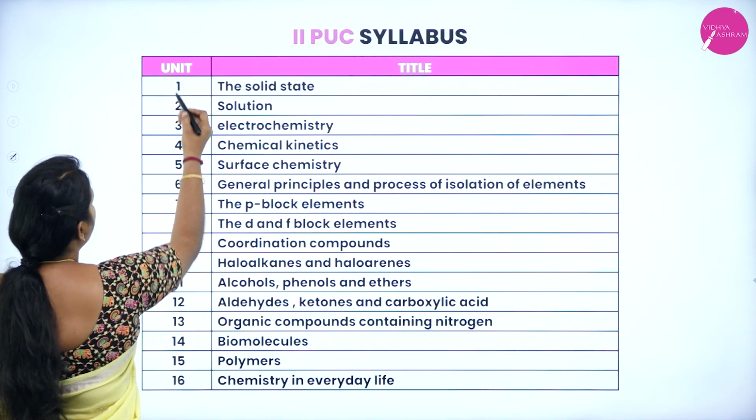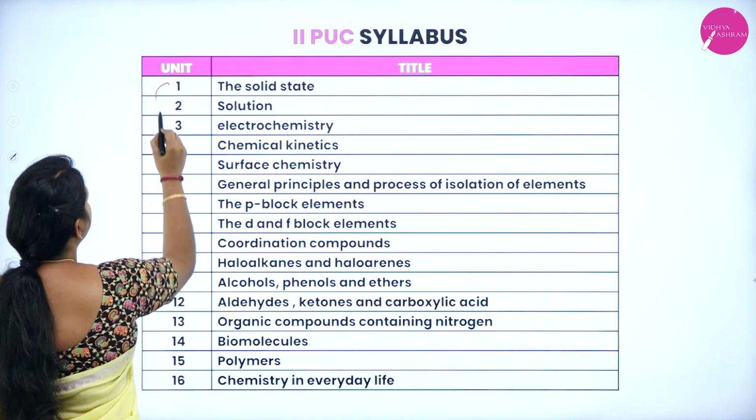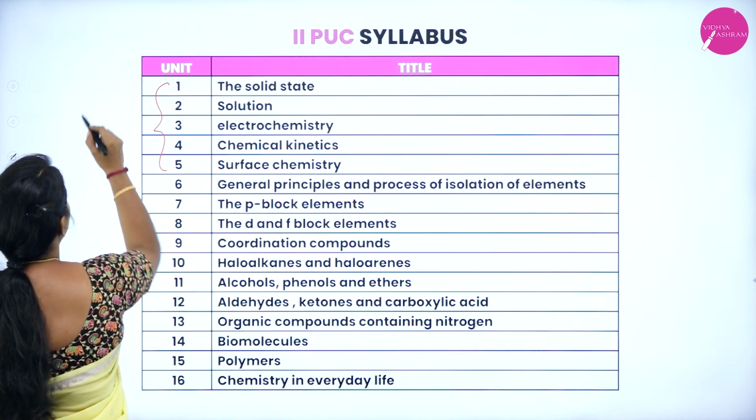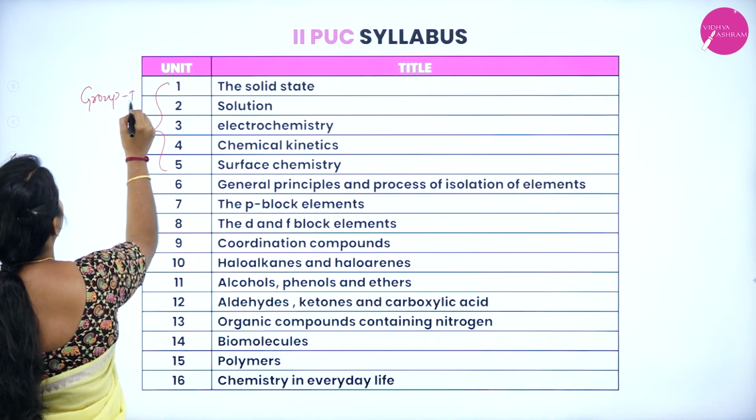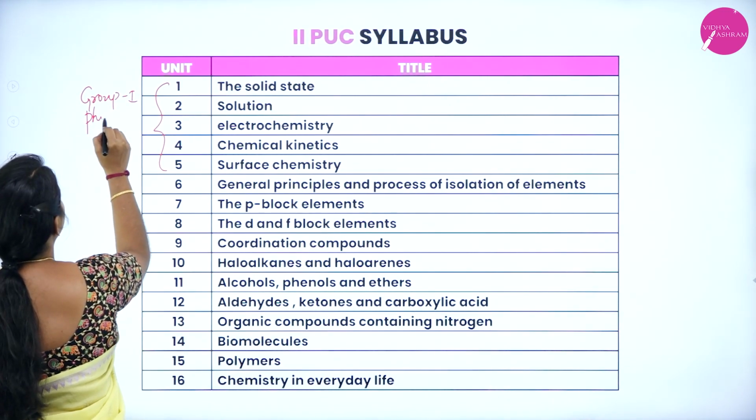The first 5 units come under Group 1, Physical Chemistry.